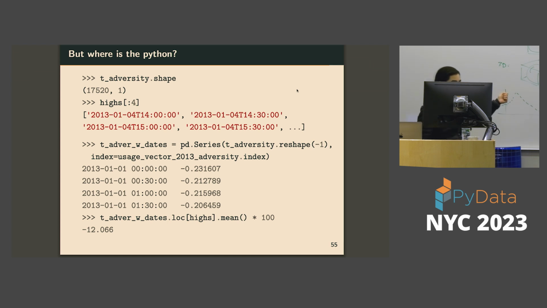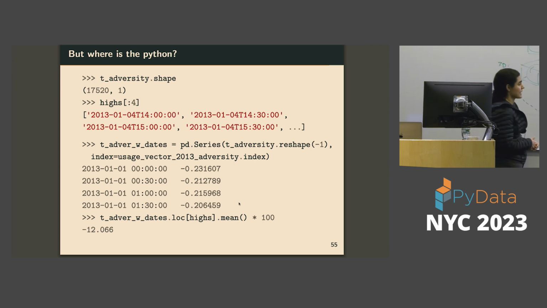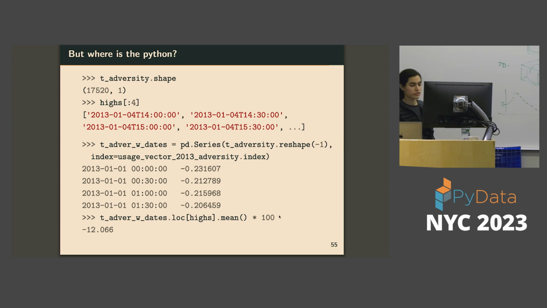So I can do that very easily using a pandas series. So I'm turning my column vector into a row vector using this reshape. And I'm passing in the index that has half an hour intervals for 2013. And with that, I can simply do a dot loc and look up the time intervals that have high price points. And so now I can conclude that there was 12% shedding in those times.